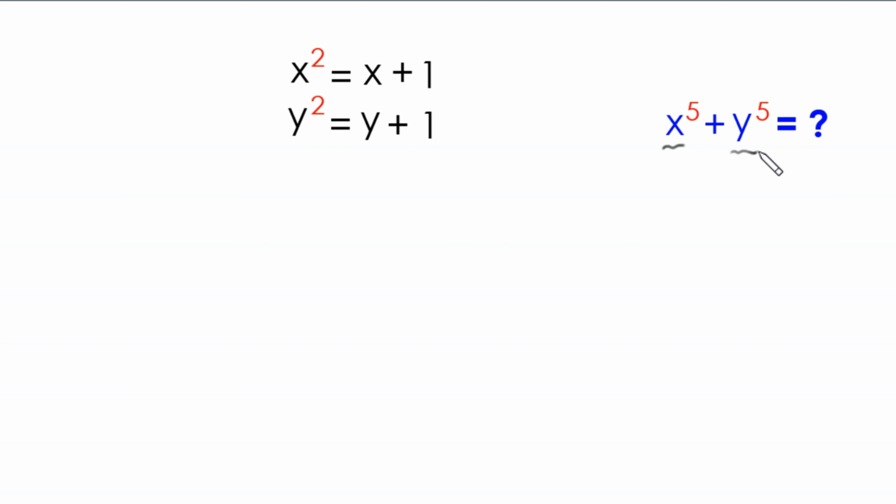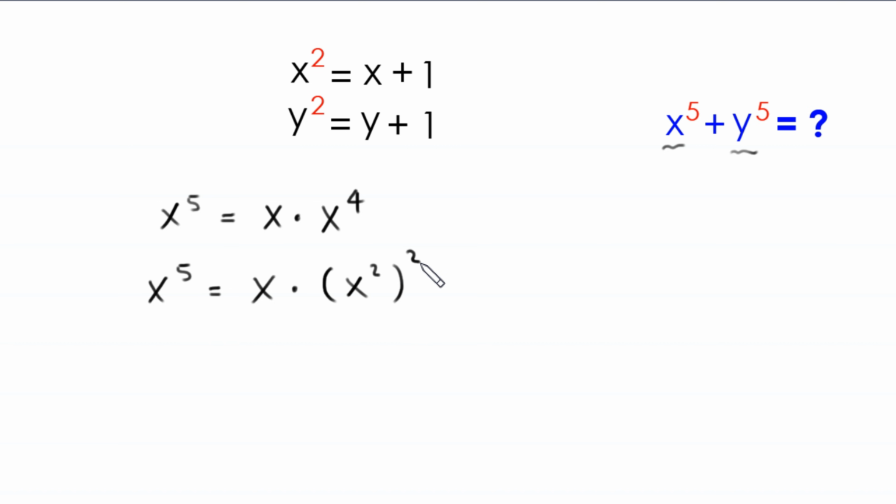add these two values. So x to the power 5 is equal to x times x to the power 4. This x to the power 4 can be written as x squared whole squared, and we replace this x squared with this value x plus 1.